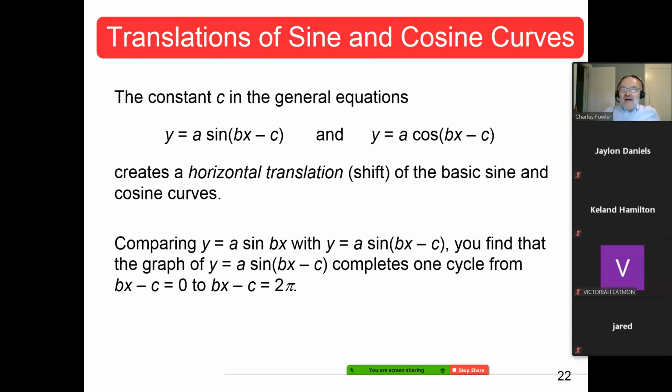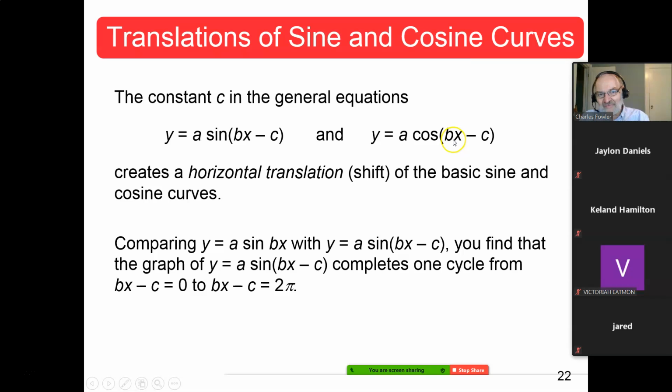Okay. The constant c in the general equation, now remember, y is equal to a sine bx minus c, or y is equal to a cosine bx minus c.